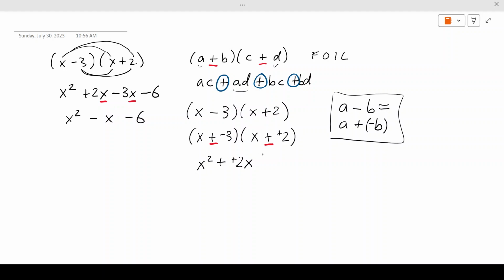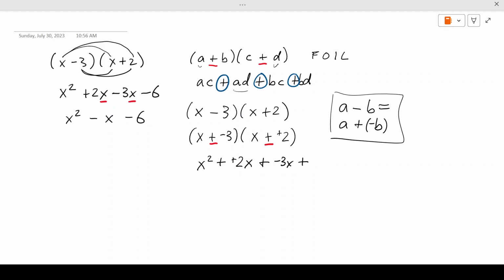Inner, we have plus, because these are all pluses, b times c. That's a negative 3 times a positive x. Negative 3 times positive x is negative 3x. I have plus a negative 3x. Okay? And then plus, because it's all addition, a negative 3 times a positive 2.